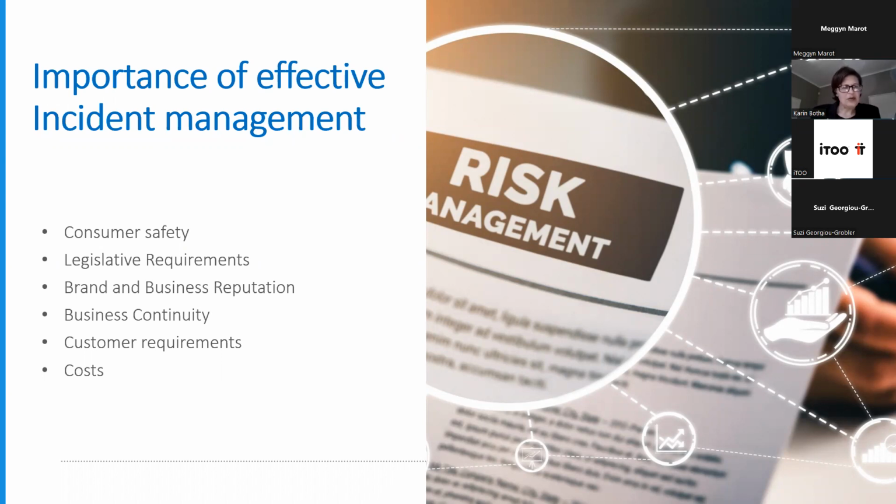Then for business continuity, and I think Megan also mentioned something like that, if there's a recall, and it actually takes some time. So when you've issued a recall, it's a national recall, so now the government will become involved, the Consumer Goods Council will become involved, and they will potentially close your factory.